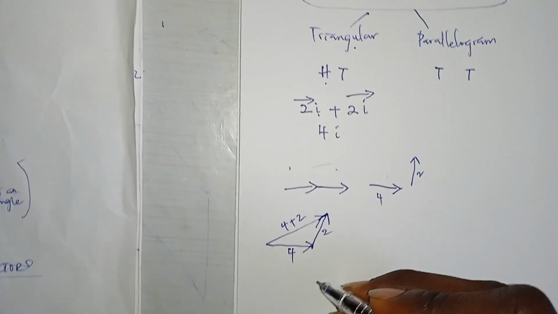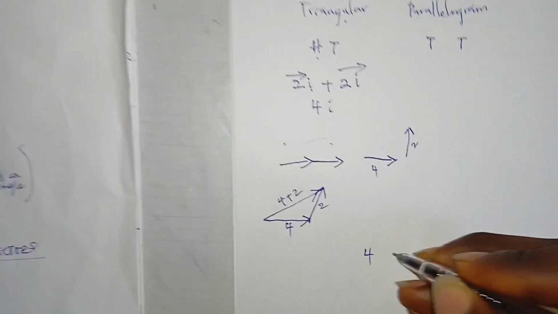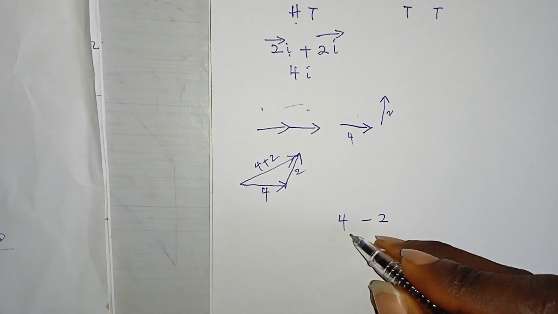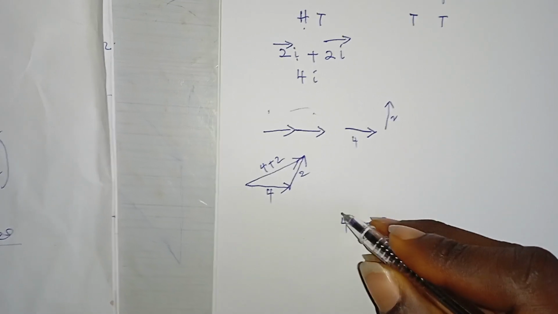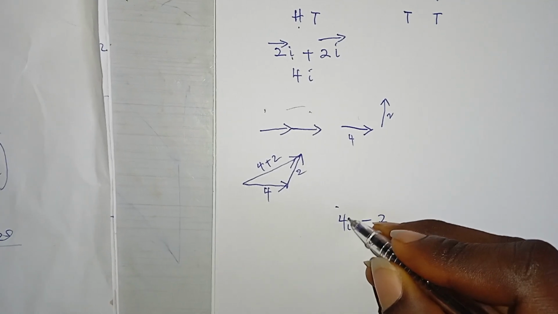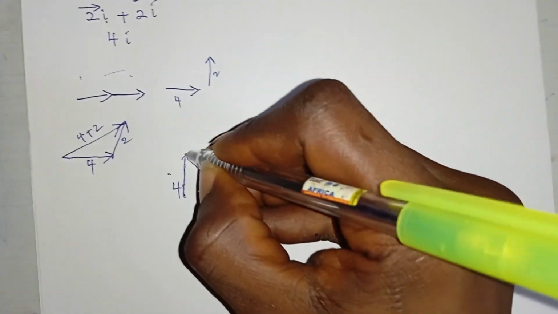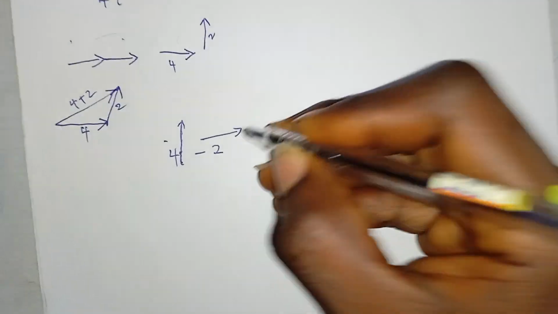A situation whereby I am asked to get 4 and minus 2. The law states that if I want to get this 4 minus 2, ask yourself what direction the 4 is going. Let's say I'm giving this to be in I, in this direction, and I'm giving this particular one to be in this direction.